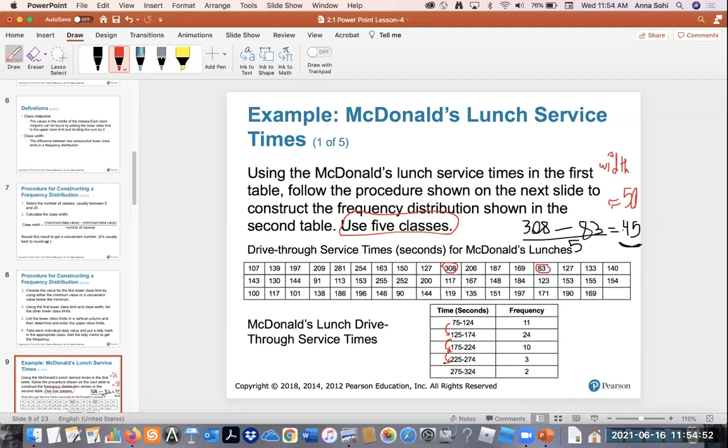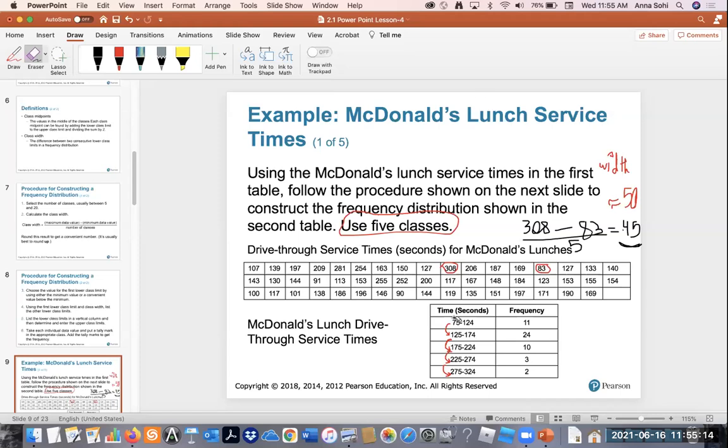Then add another 50. If I add another 50 to 275, then that would be 325. 325 is the beginning of something that is larger than my maximum. So I don't need the next class. So I stop right here.